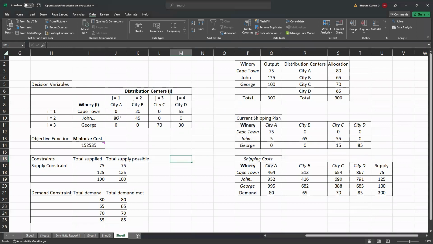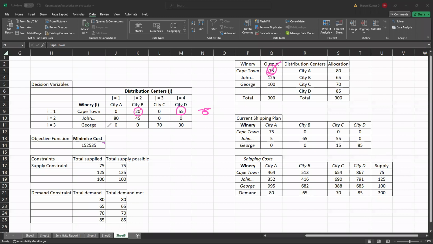There we go. What's happening? From Cape Town, in Cape Town winery, you can produce 75 liters of wine, assume. So you transport it to city B and city D. Total will be 75. So entire 75 is used. Tick.